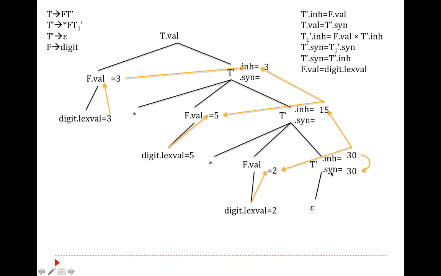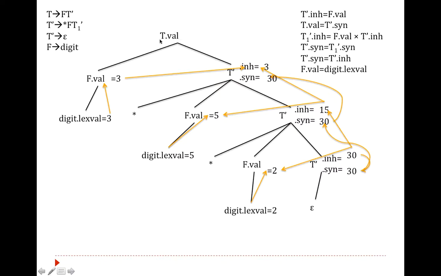T dash synthesized is computed using T dash inh. Then T dash synthesized is computed using T1 dash synthesized. Similarly again, by the same rule, T dash synthesized is computed using T1 dash synthesized.